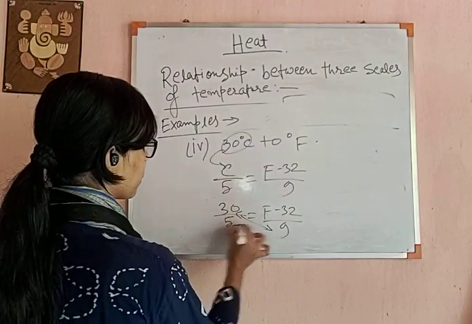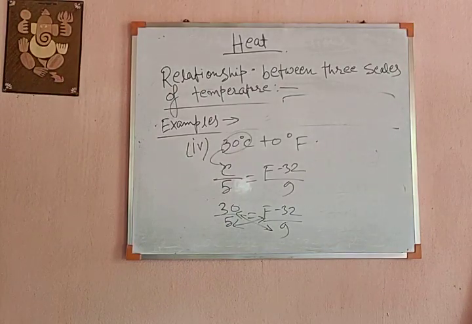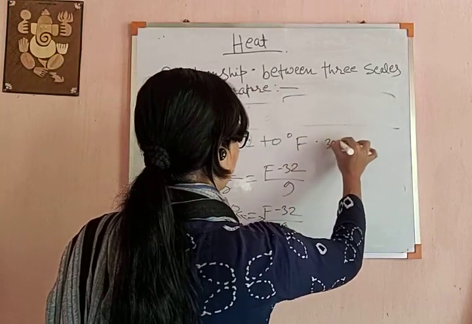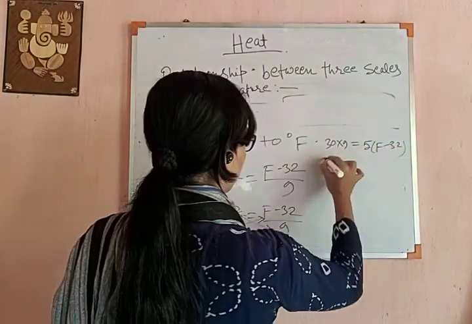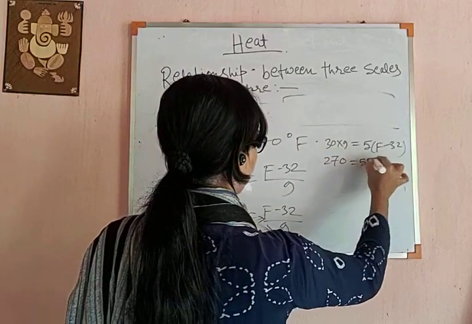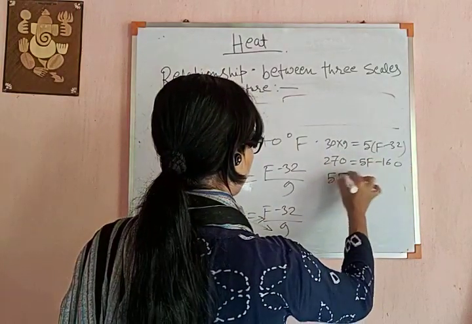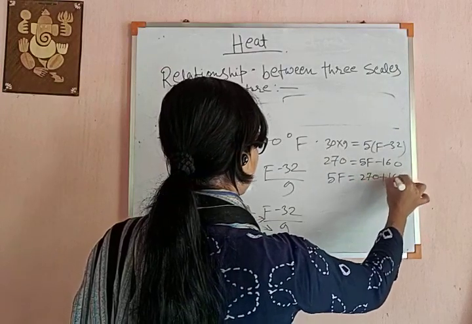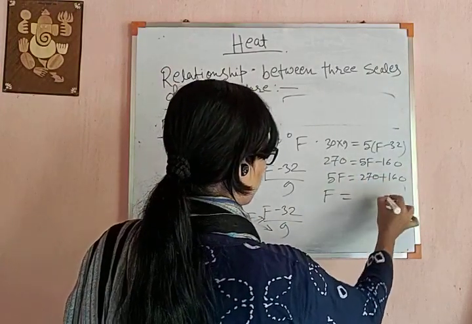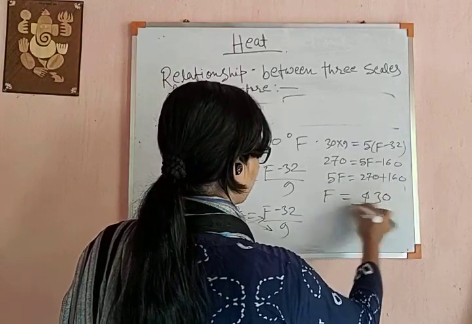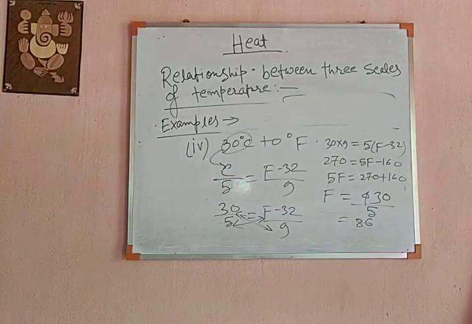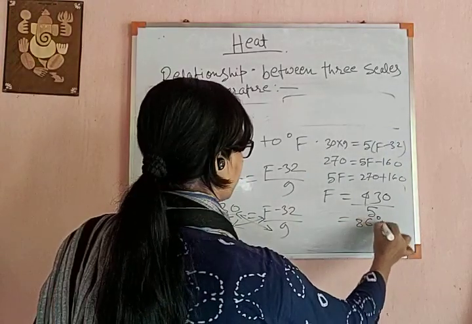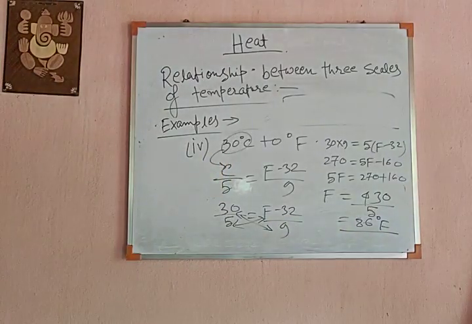So apply cross multiplication and you will get 30 into 9 equal to 5 into F minus 32. So it will be 270 equal to 5F minus 160. So 5F equal to 270 plus 160. So F equal to 430 by 5. So this is 86 degree Fahrenheit. That means we have got 30 degrees Celsius is equal to 86 degree Fahrenheit.